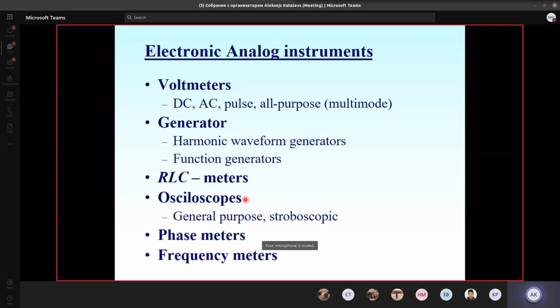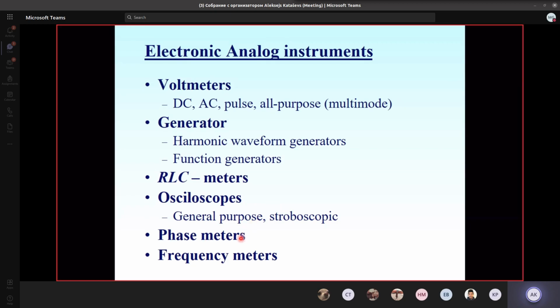They often are bridge type circuits, and we will discuss these bridge circuits in the next class. The oscilloscope certainly is a kind of analog instrument, despite there being modern oscilloscopes. Most of the modern oscilloscopes are digital instruments now, but they are thought to depict analog waveforms.